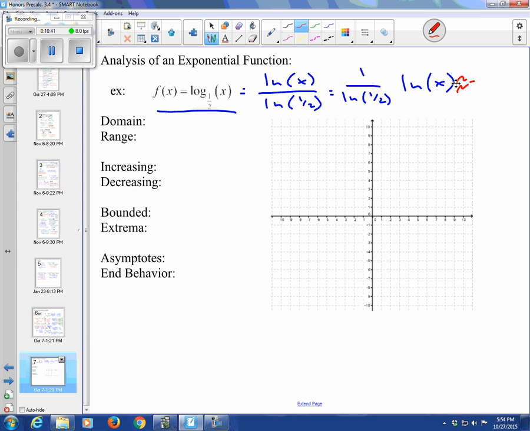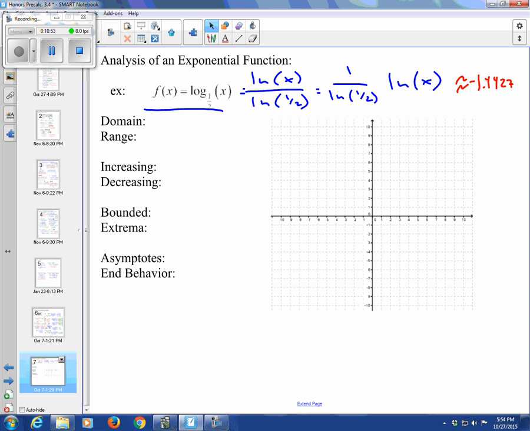So we can call this roughly equivalent to, or very, very close to the same graph as, negative 1.44 times the natural log of x. I'm running out of room here, so let me move this guy over a little bit. So basically these two guys are going to be roughly the same graph.